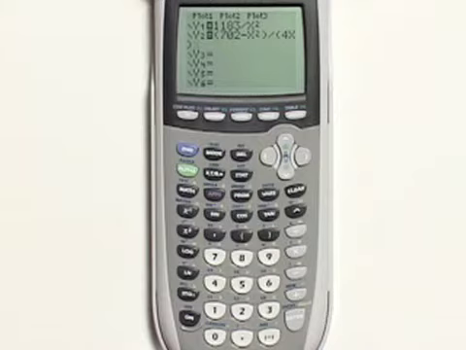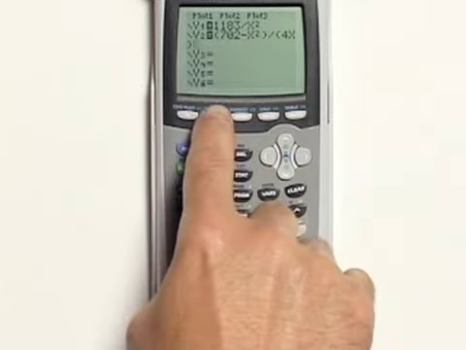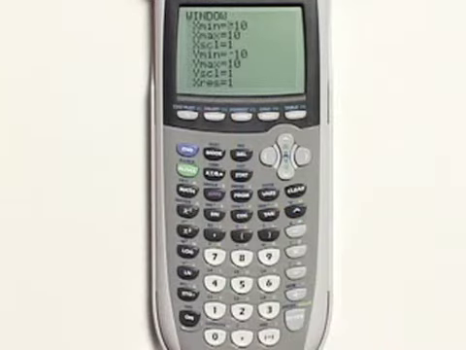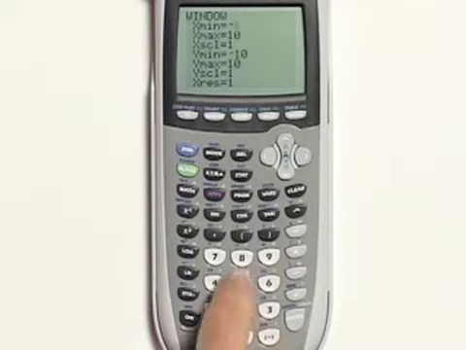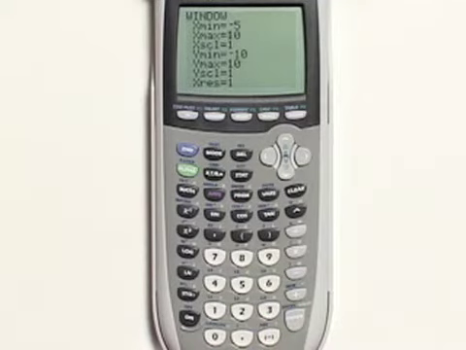In addition to this, you'll find that we need to adjust the viewing window in order for our graphs to show us the intersection. By a little trial and error, I found that we should use -5 as the minimum x value, +25 as the maximum x value.